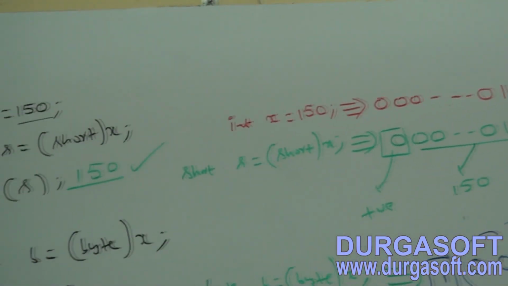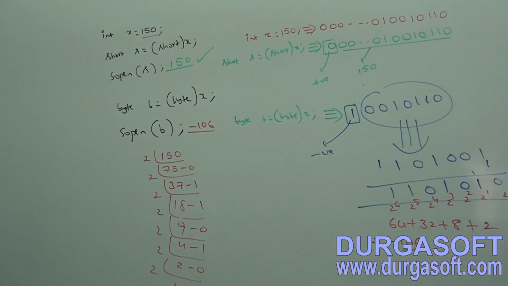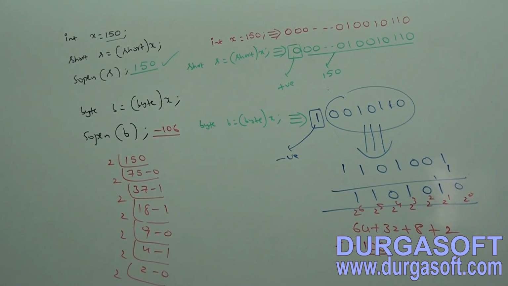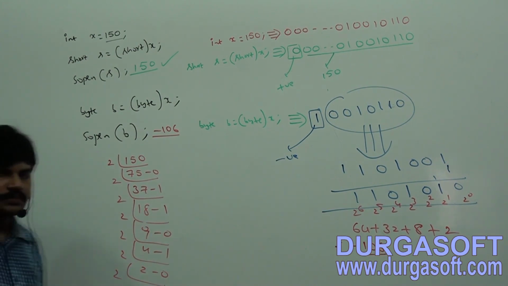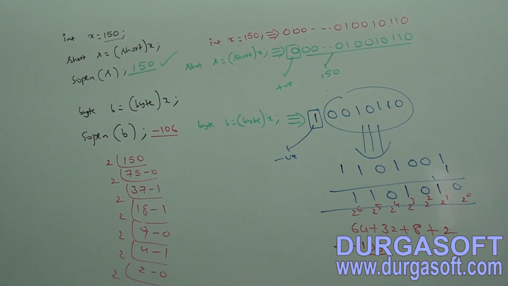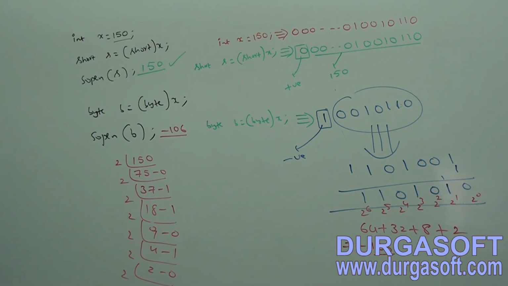In the example, first take this part and then that memory representation. Just one more example and then we will stop this typecasting. Take it clearly. Completed, I hope.